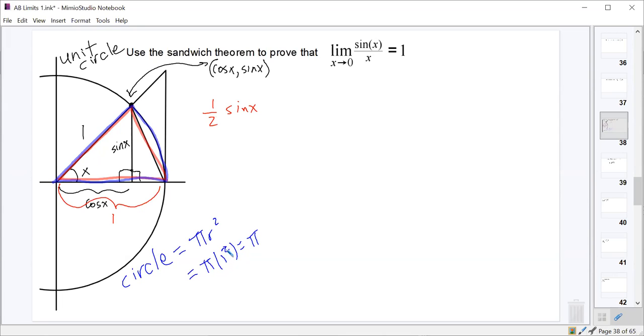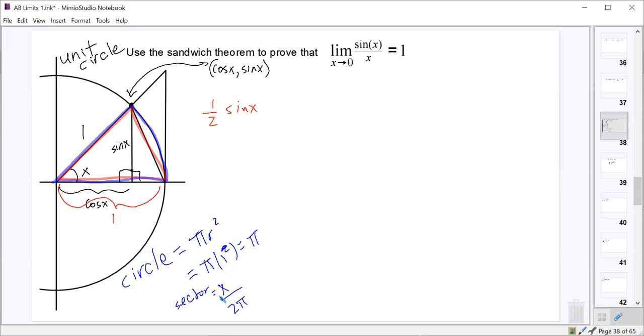But all we want is a piece of the circle. So how much of that circle do we have? How many radians do we have? X. We have x radians out of how many total? 2 pi. Right, x out of 2 pi radians.